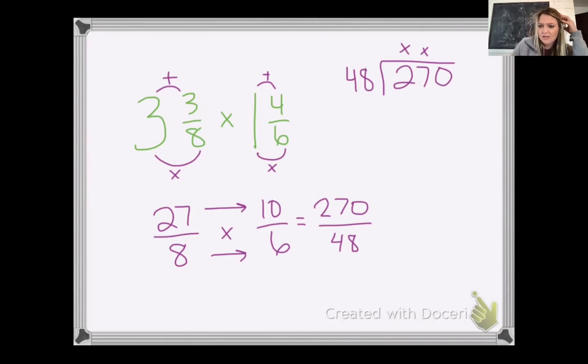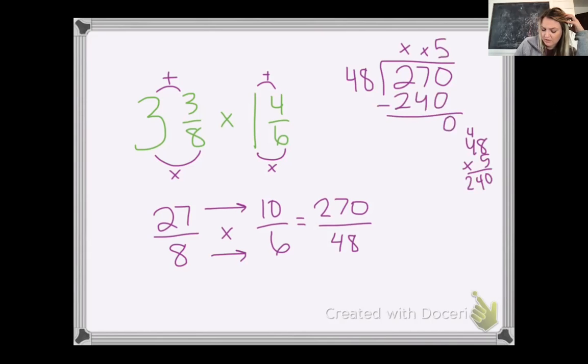Okay, Kale. Yeah, I'm going to do 5. So 48 times 5. 5 times 8 is 40. 5 times 4 is 20. So I get 240. Subtract, I get 30 left over. So then I have 5 and 30 over 48, which I can simplify.